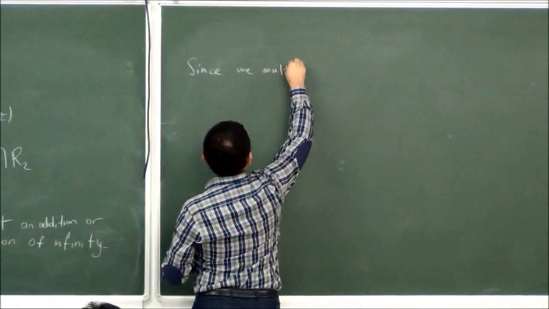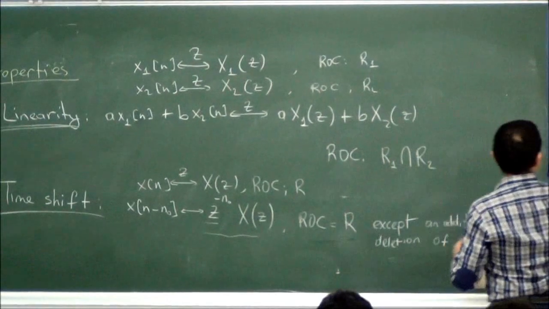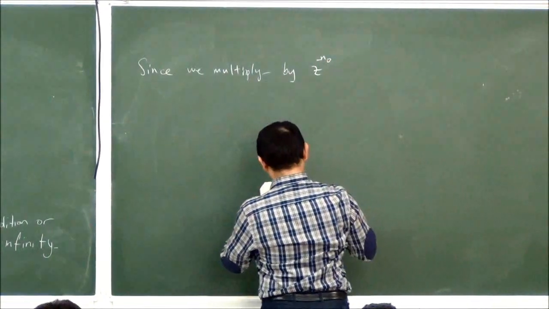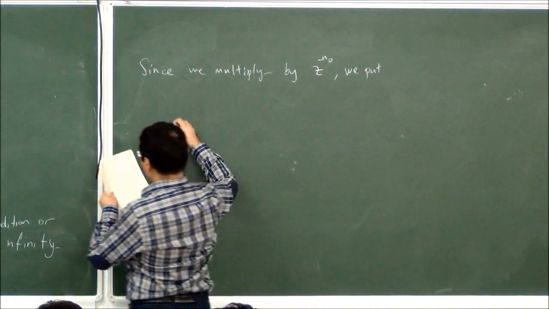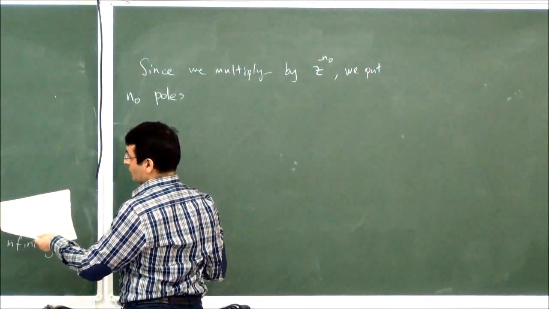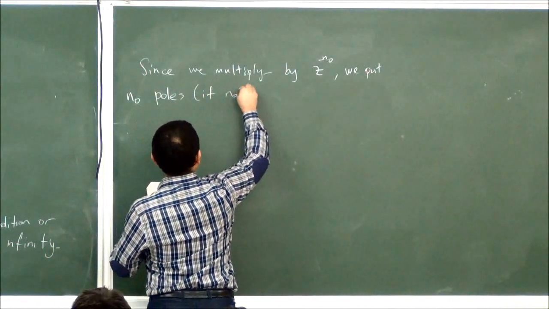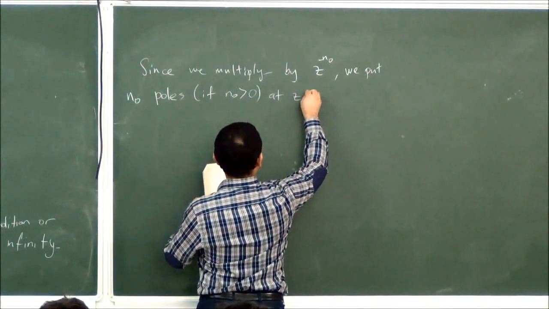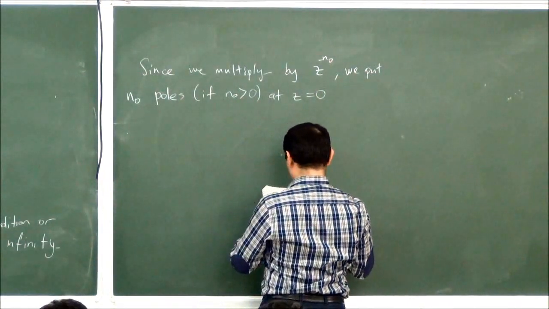Because the order of this is n0, if n0 is greater than 0, we add n0 poles at z equal to 0, at the origin.